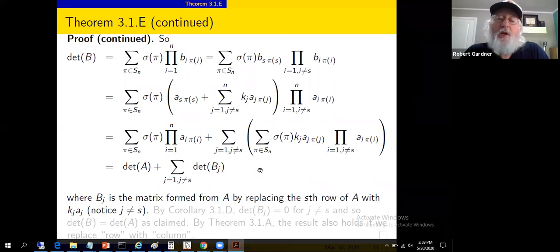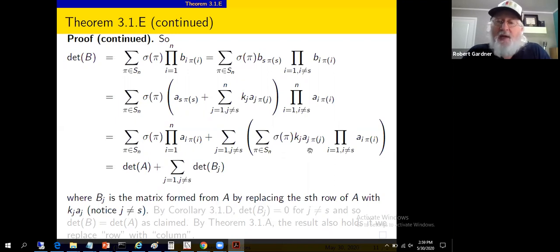All right, call that B sub j. So B sub j is a matrix formed by replacing the S row of A with K sub j times A sub j, where j doesn't equal S. Then I can think of taking this and shoving it in that product as the S term.